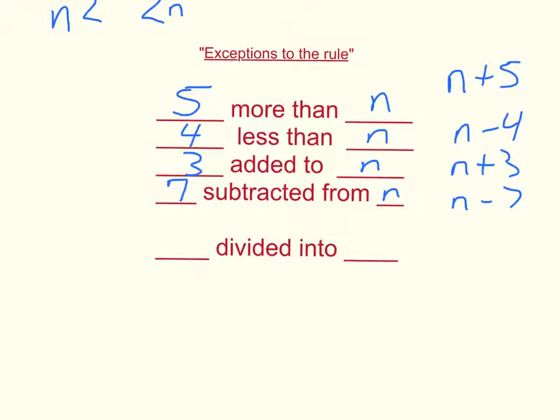So you can see how these are not in the order that you read them. It actually reverses it, and those are the exceptions to the rule. Take a moment and on your study guide, go ahead and write down what the exceptions to the rule are. And I will use the next video to actually do the examples.